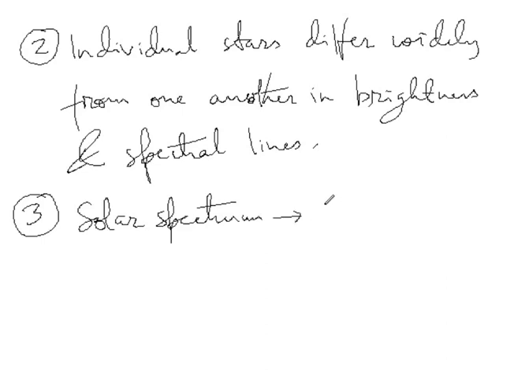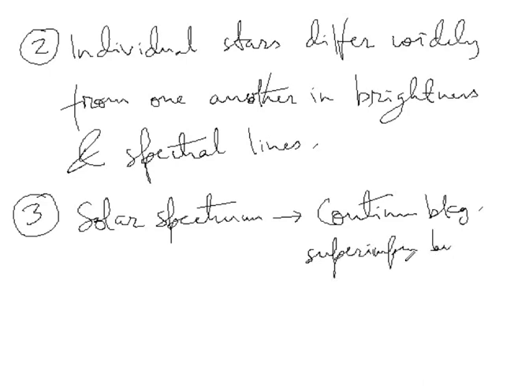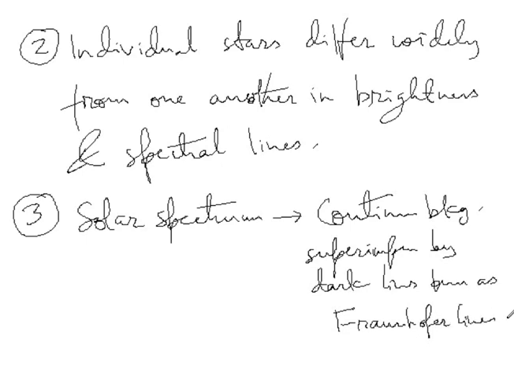It consists of, as we already know, a continuous background superimposed by dark lines, and these are known as Fraunhofer lines.